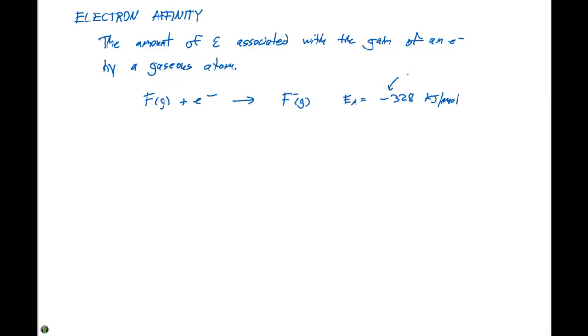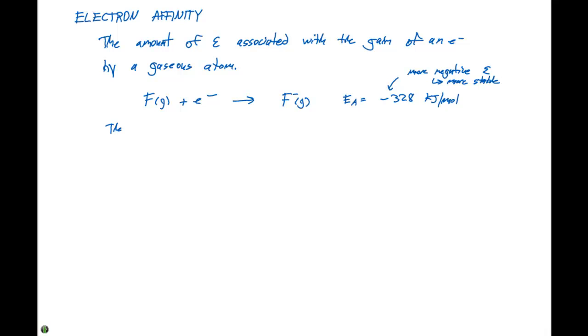And remember that the more negative the energy, the more stable. So if we have a very negative electron affinity, that means this is a really good situation. It's going to be very, very stable.